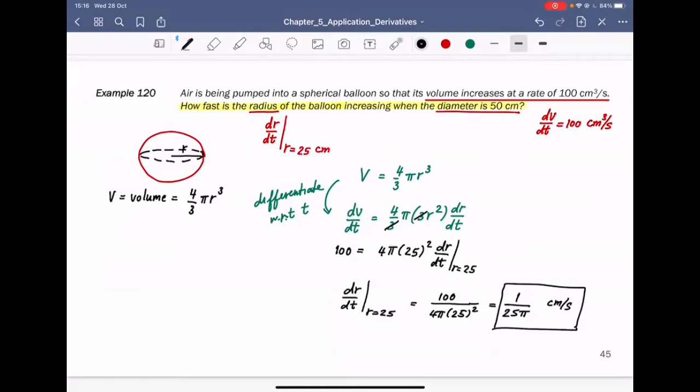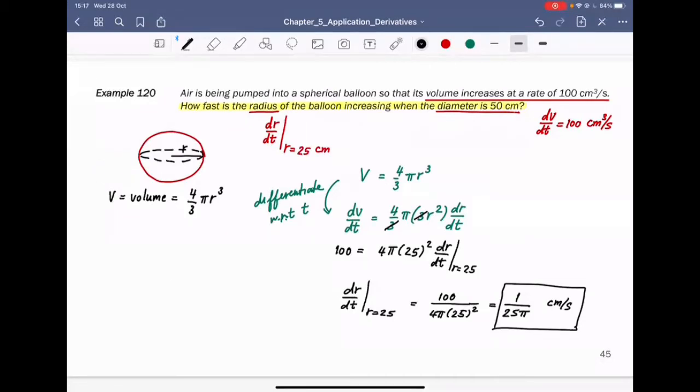Pretty simple, right? If you figure out the relationship between two quantities and then you differentiate with respect to t, that's all for this section. There's going to be one question on the exam about related rates. You shouldn't miss this question. This is the simple one. On homework, question 3 is a question on related rates too.